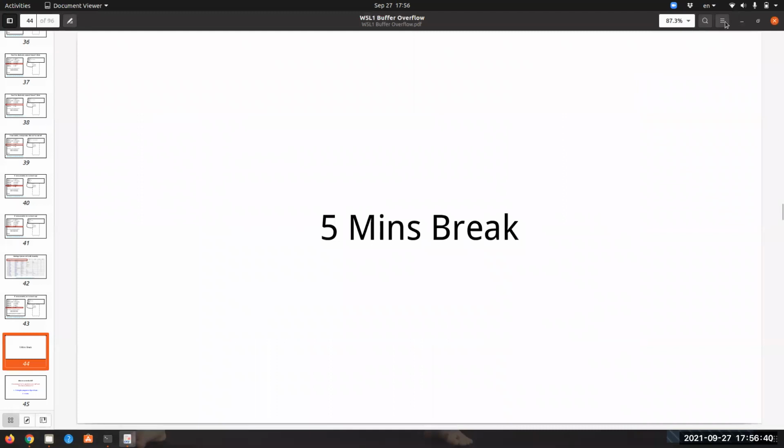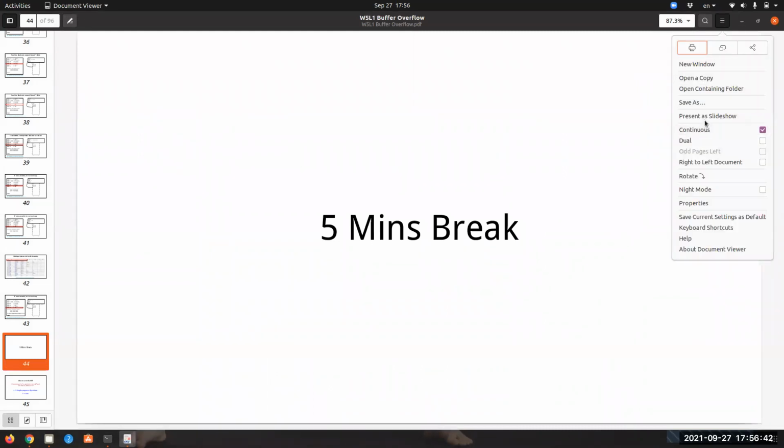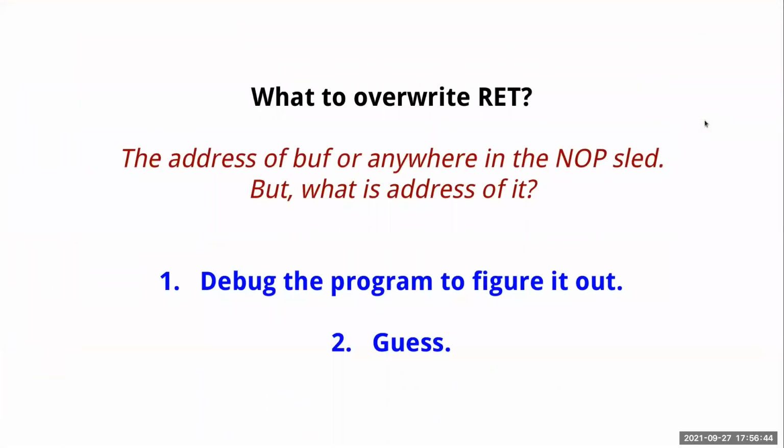Okay, going back to our hacking here. We have the shellcode. We know we're going to put the shellcode in that buffer, but we do not know the runtime address of that buffer, right?